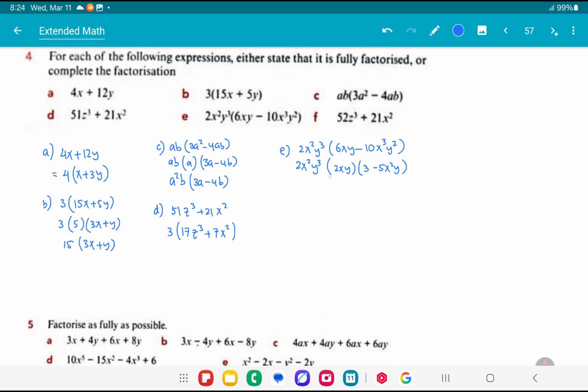We multiply 2 by 2, we got 4x squared times x, we got x cubed multiplied by y, we got y raised to the power of 4, and the remaining is 3 minus 5x squared y. And then question F, 52z cubed plus 21x squared, we can conclude that it is fully factorized.